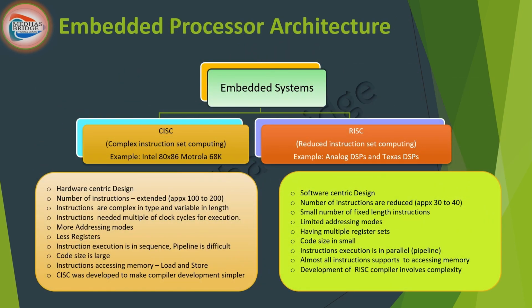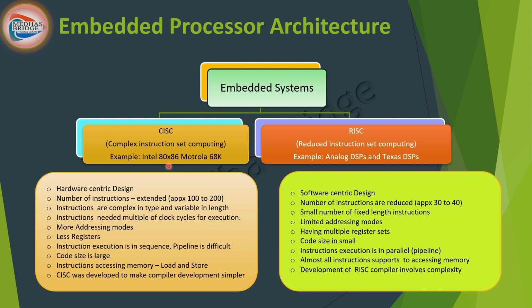Let's look at the overview of the processor architectures which we use in embedded systems. In embedded systems, we have two types of processor architectures based on the instruction set of the processor. We have CISC and RISC. CISC means complex instruction set computing. RISC means reduced instruction set computing.